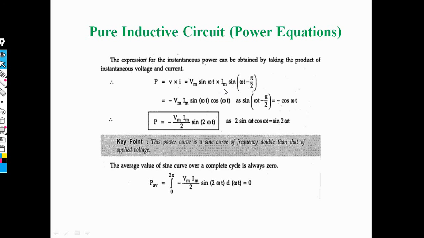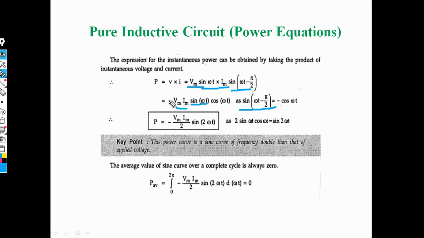Then Vm Im will be common, sin omega t as it is. But the formula for sin (omega t minus pi by 2) is minus cos omega t. That is, put minus cos omega t here.